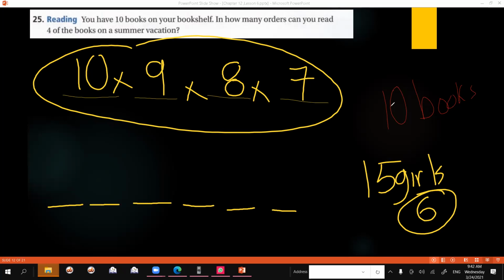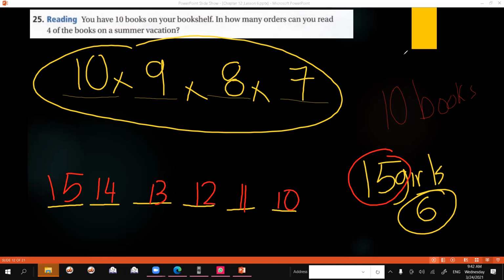Then I have to multiply, starting from 15, counting back: 15, 14, 13, 12, 11, and 10. This is the number of orders I can choose 6 girls from 15.